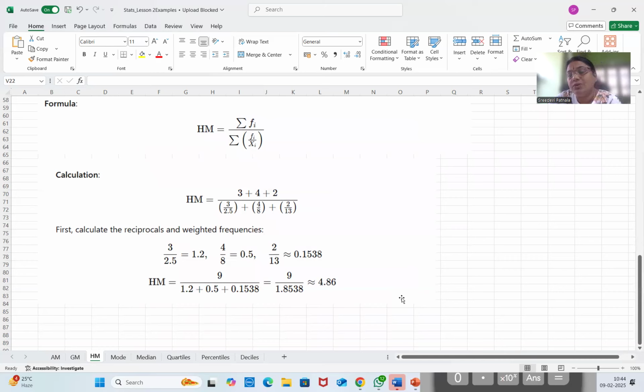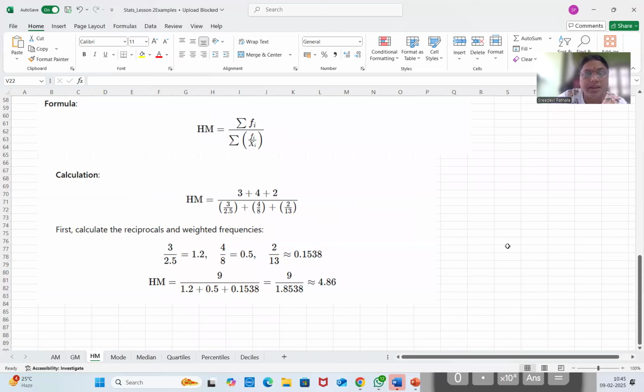That's why you will use the log Xi. But for the rest, the arithmetic mean or harmonic mean, you don't have log Xi or exponential value, nothing. So no need to use your calculator. Just a small plus and division. That's all. Plus and division are required for your harmonic mean and arithmetic mean.